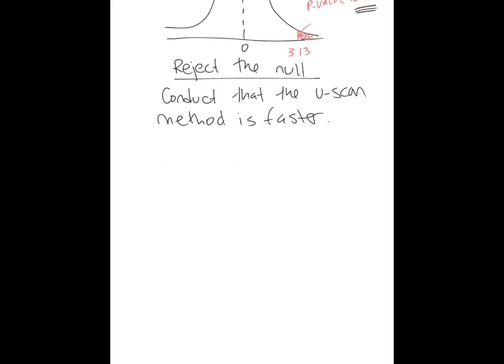Now, I want you guys to think about, as you go through this, the importance of understanding something like this, right? If you're a supermarket, would you be interested in this type of information? Well, of course they would be, right? They need to understand whether they should enact more self-checkout stands like U-scans and reduce standard methods, right?